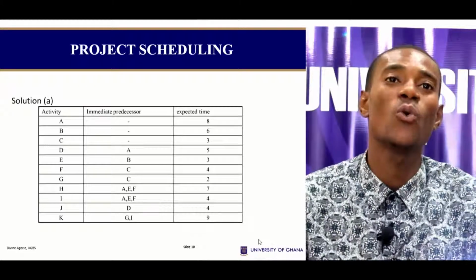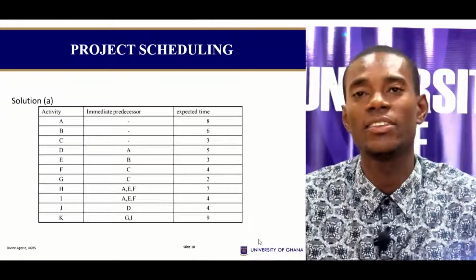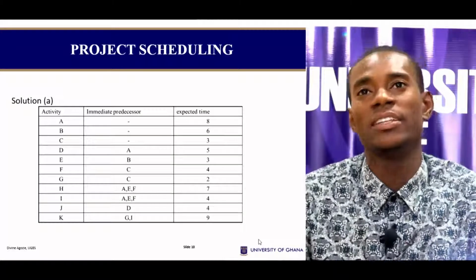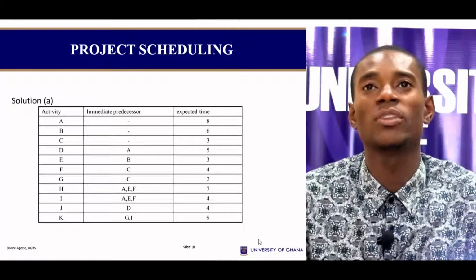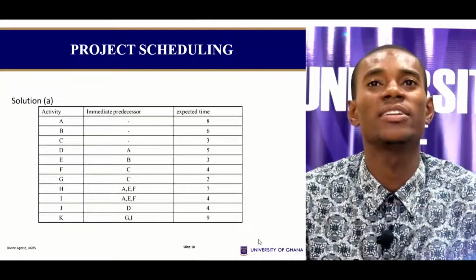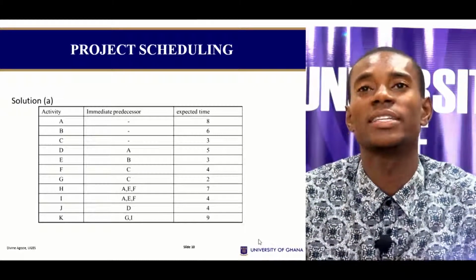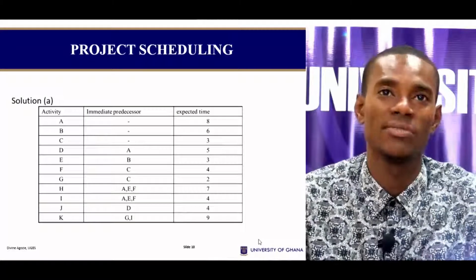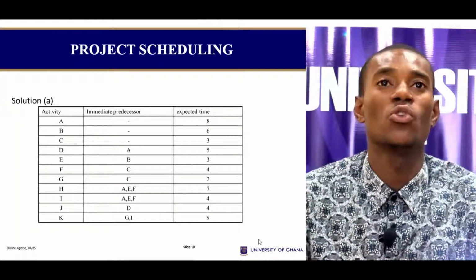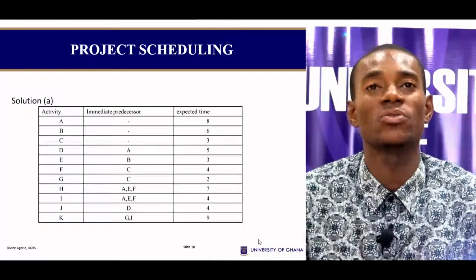I do the same for all the activities, and then you have this. So now it's made everything simple. Once you've gotten this, you've eliminated the A, M, and B, which is what we put together to get the expected times for all the activities. The next thing is to draw your project network diagram.